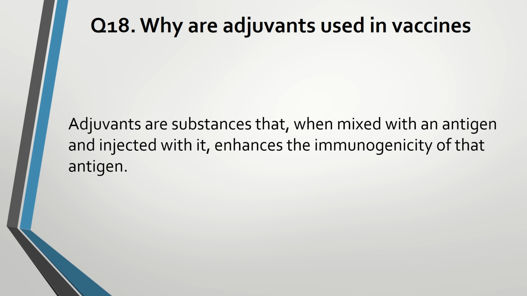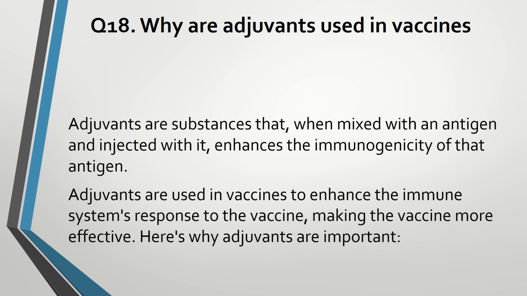When it reaches the body, that adjuvant accelerates or enhances the immunogenicity of that antigen. Adjuvants are used in vaccines to enhance the immune system response to a vaccine, making the vaccine more effective. Here is why adjuvants are used in vaccines, or the importance of adjuvants.